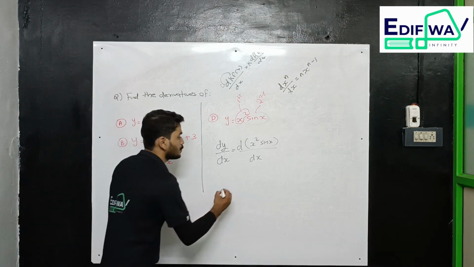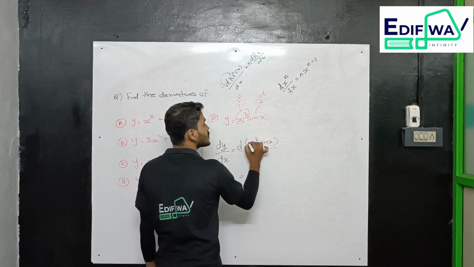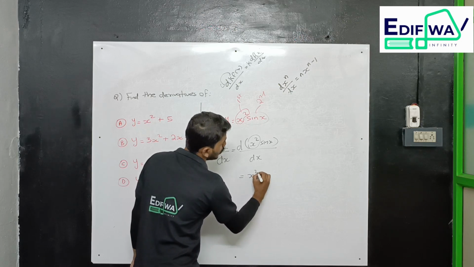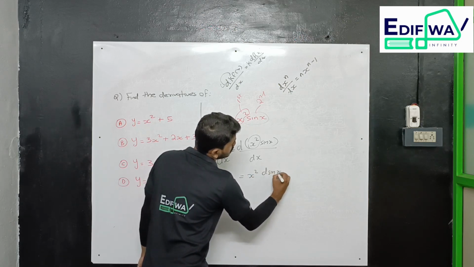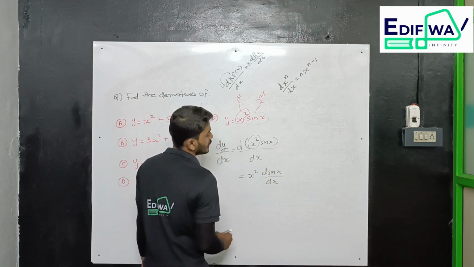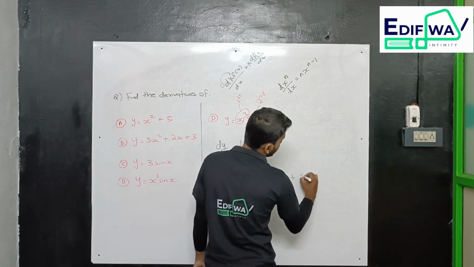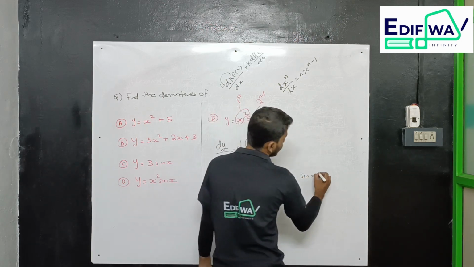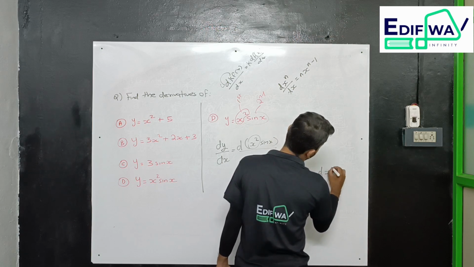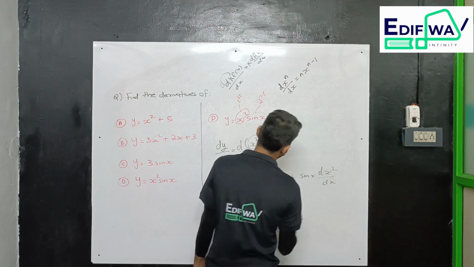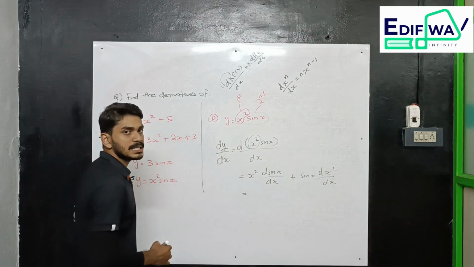I hope you agree. Okay. So this is the first function. So that is x square into derivative of the second function, that is derivative of sin x, plus second, that is sin x, into derivative of first function, that is x square. I hope you understand this.